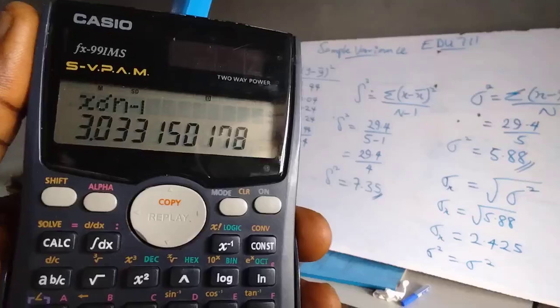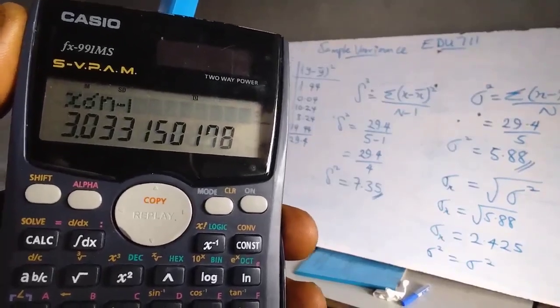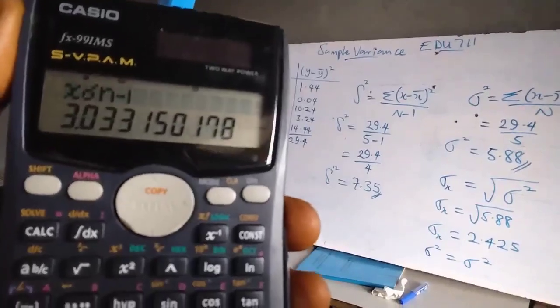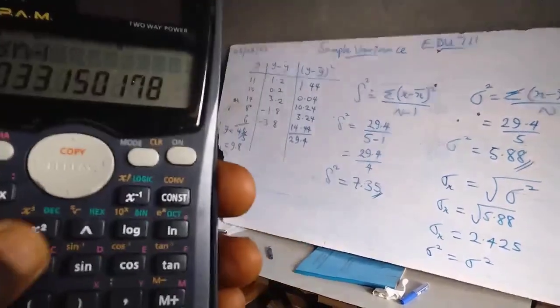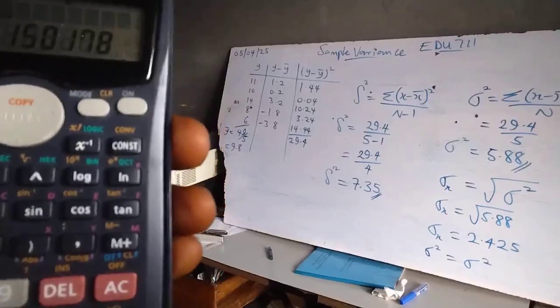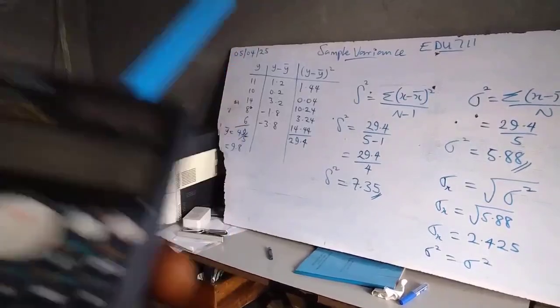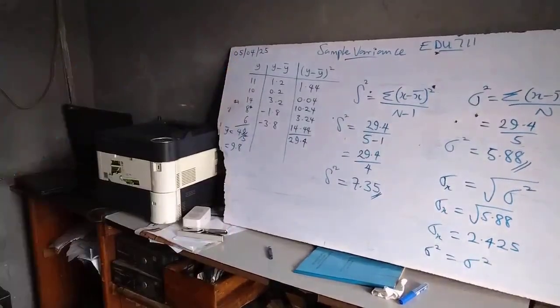That is 3.033, the sample standard deviation. So you square it to get your sample variance. That's 9.2. It's also different from what we have over there.